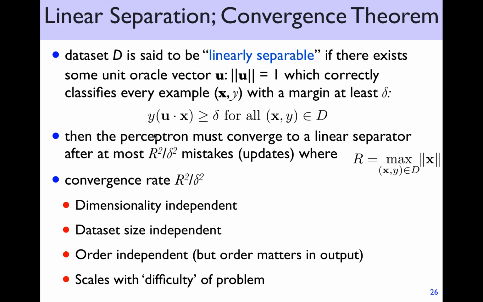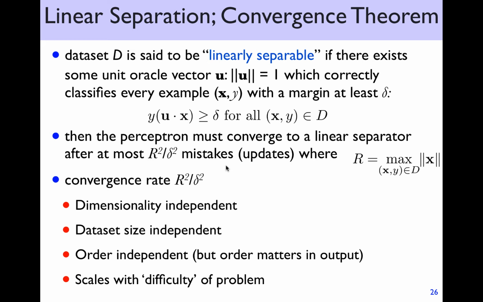That is, perceptron must converge to a particular linear separator, but we don't know its margin. And this convergence must happen after a finite number of mistakes or updates. And how many updates? At most R squared over delta squared updates or mistakes, because we know that whenever there is a mistake, there is an update. So there are an equal number of mistakes and updates.